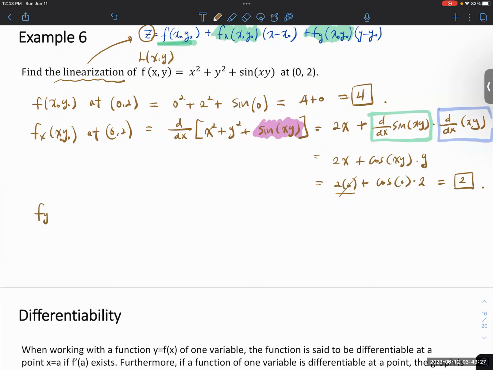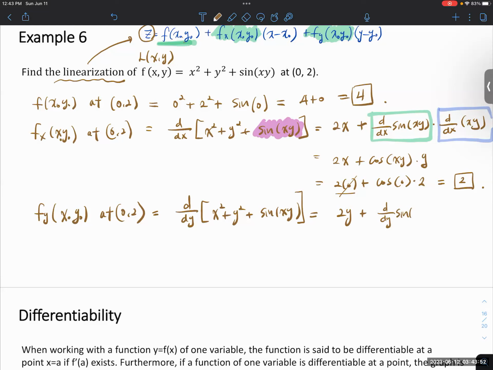One more, we need to find out the partial derivative with respect to y at (0, 2). d over dy of x squared plus y squared plus sine xy. So this time, x is going to be the constant, so you should get 2y. Same thing outside and inside for sine xy, d over dy of xy.